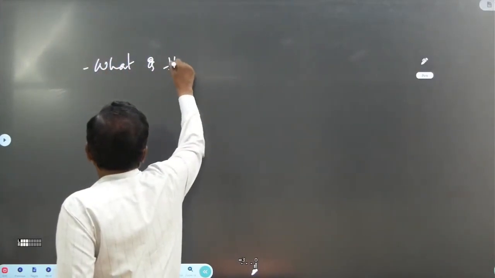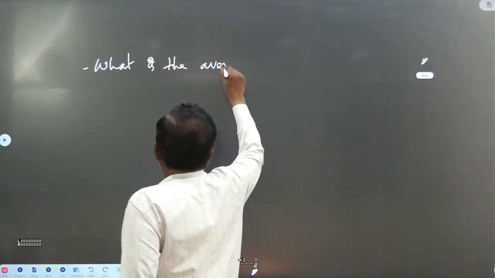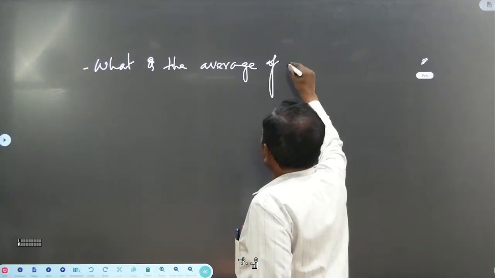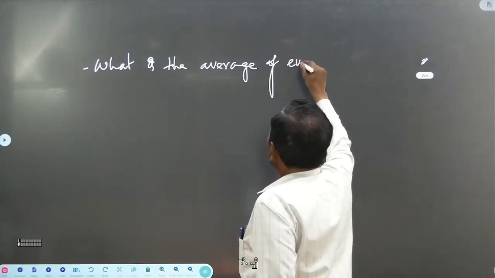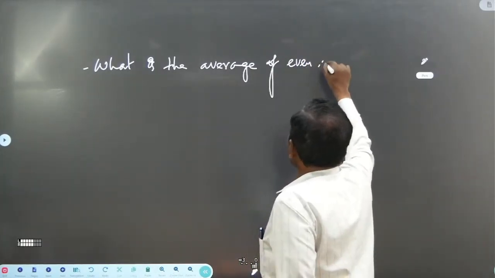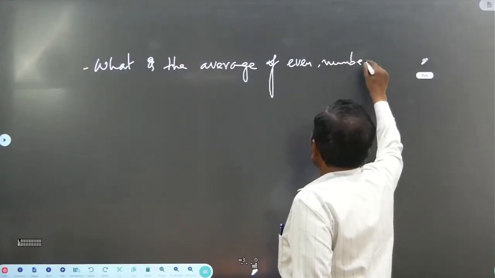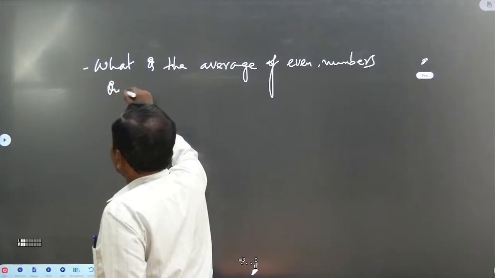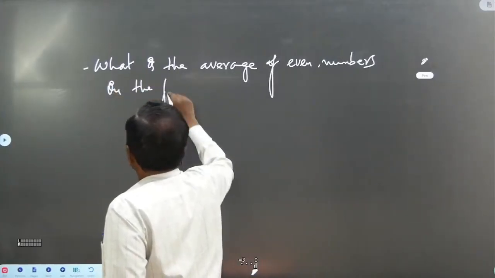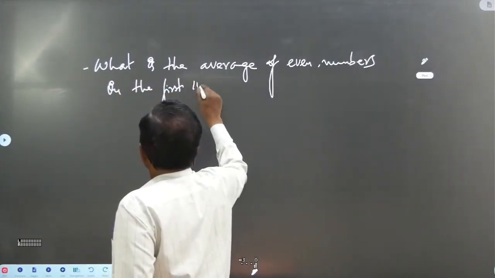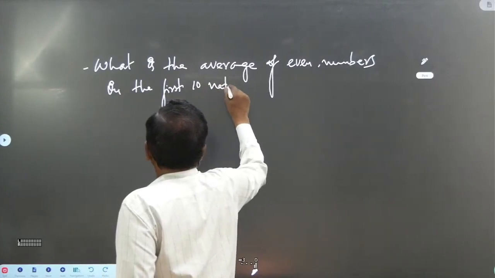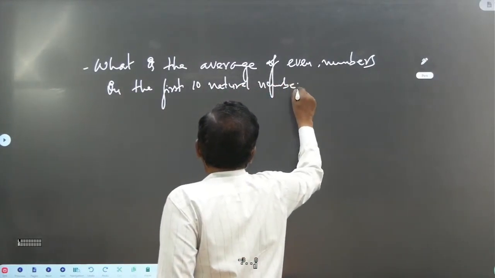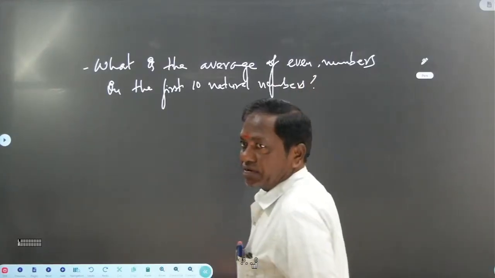What is the average of even numbers? What is the average of the even numbers in the first 10 natural numbers? Right.